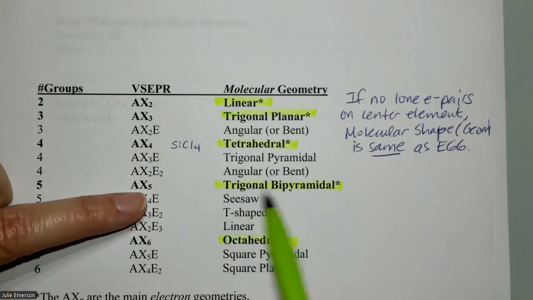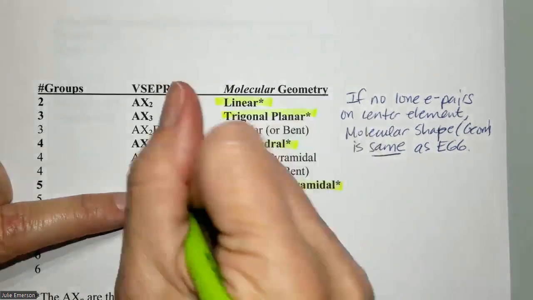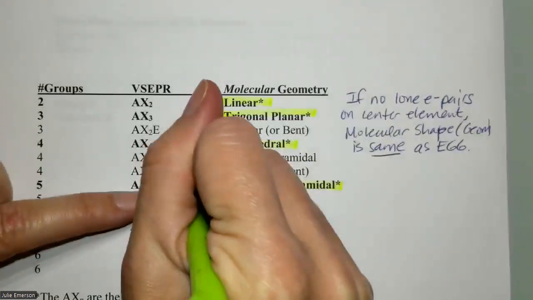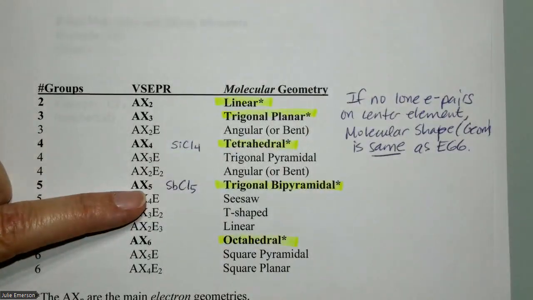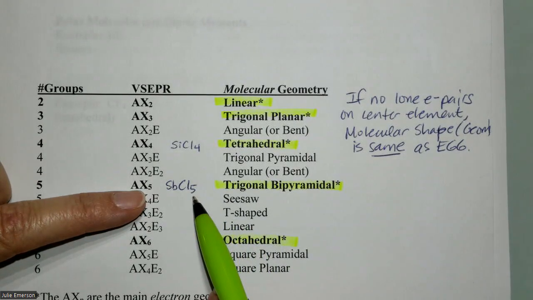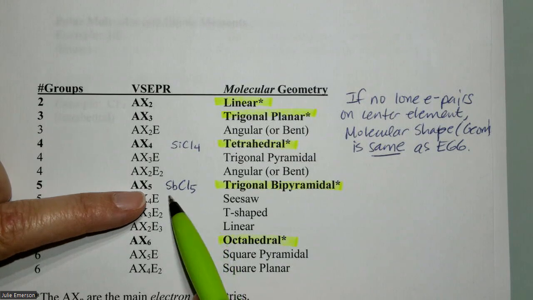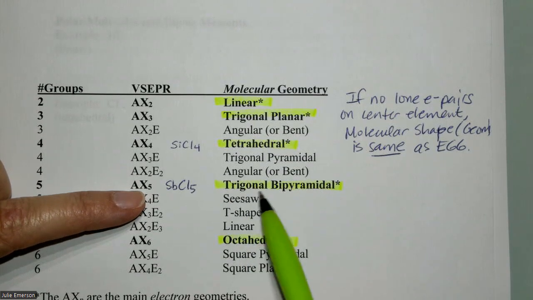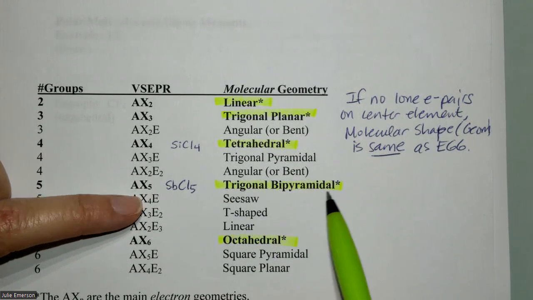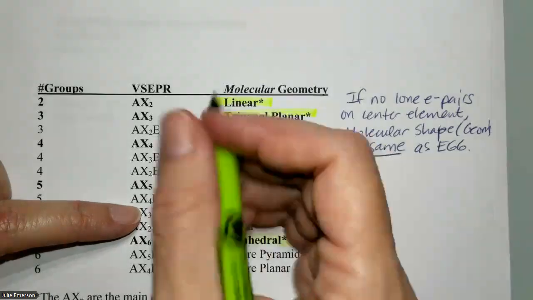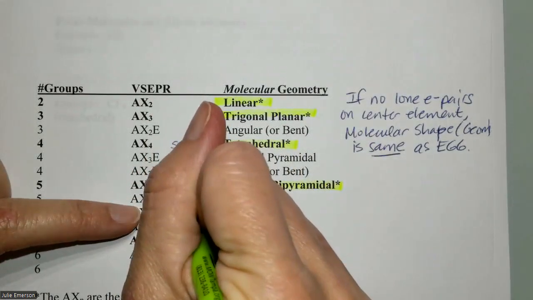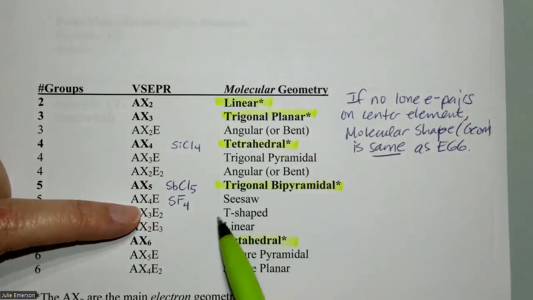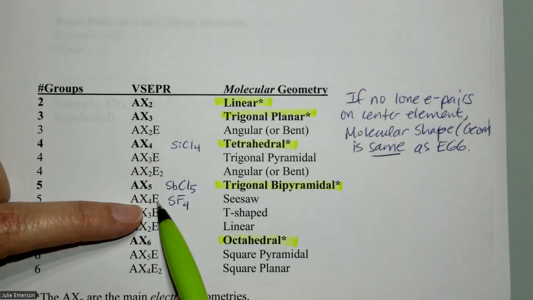With the trigonal bipyramidal, the AX5, that was the antimony pentachloride, which had no lone pairs on the antimony. So the electron groups, we had a total of 5 bonding pairs of electrons. So that is a trigonal bipyramidal electron group geometry, and it's a trigonal bipyramidal molecular shape. But when we had the AX4E, which was the sulfur tetrafluoride, now what happened here is we had a lone pair.